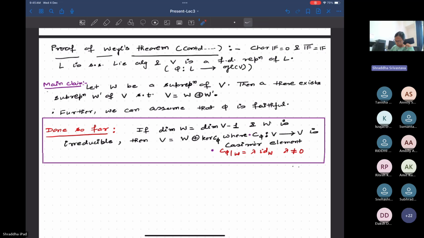We had observed something important about this Casimir element: if W is irreducible, then when you restrict the Casimir element to W, due to Schur's lemma, it is going to act by a scalar. Further, we were able to say that it is acting by a non-zero scalar, and that allowed us to write V as a direct sum.